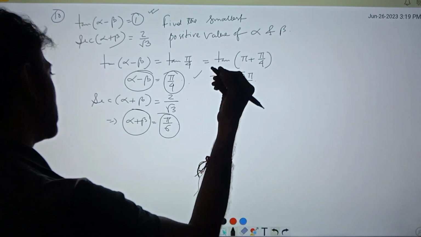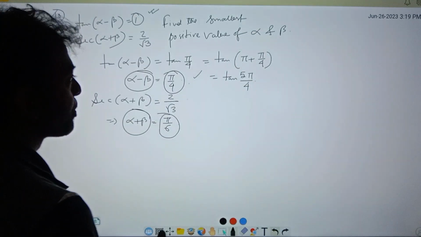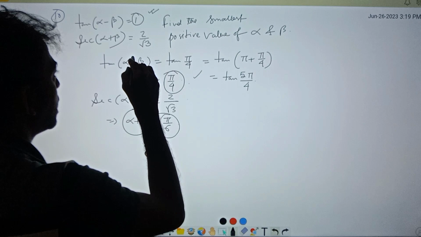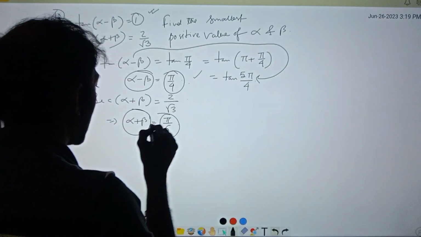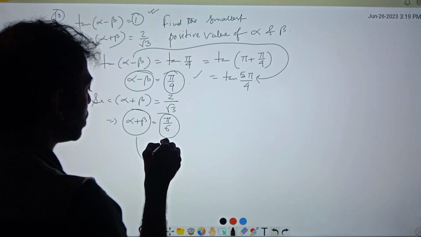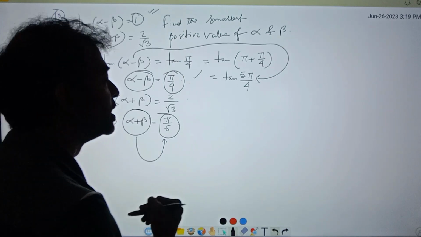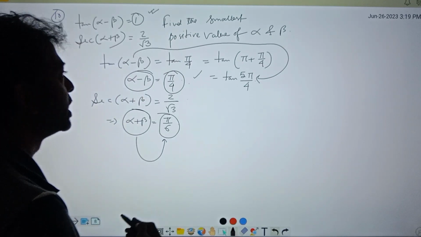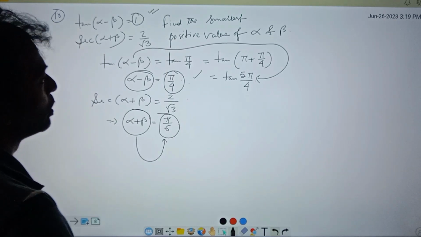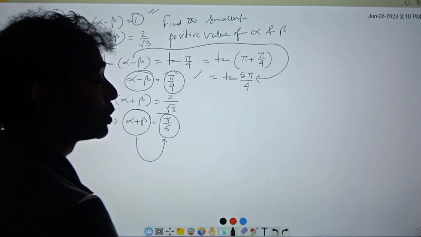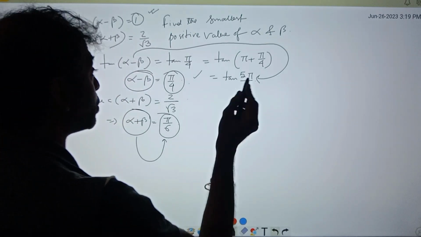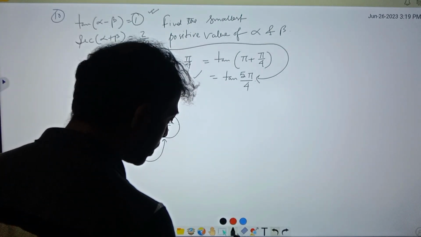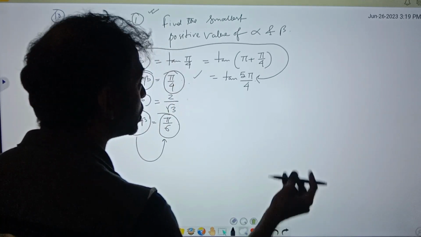So there's another problem, because you are considering the difference of two angles as 5 pi by 4 and you are considering alpha plus beta equal to pi by 6. In this case, the same thing will happen here. Negative value will arise. So we're not going to entertain this one also.